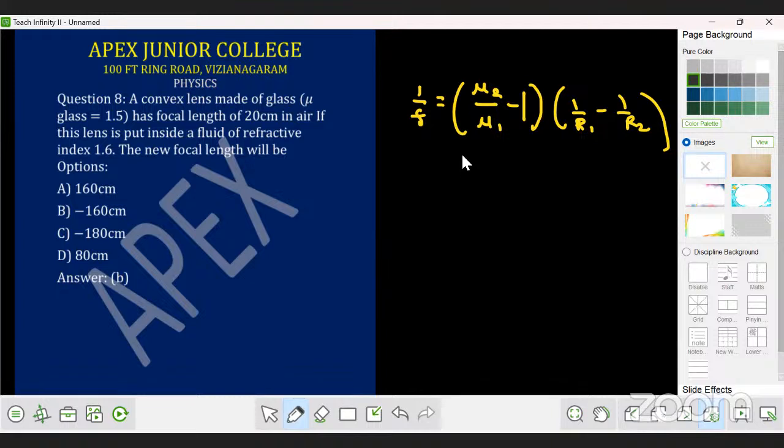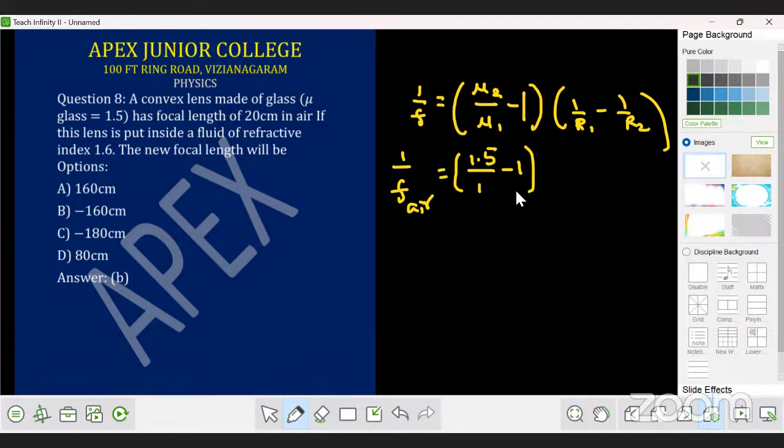Now, in the first case, in case of air, I will write here first. 1 by f air equal to, what is that? Mu2 is 1.5, that is refractive index of glass. And what is the surrounding medium refractive index? Air is only taken in the first case, no? So 1 minus 1. And of course, you have to compare two things only, no?